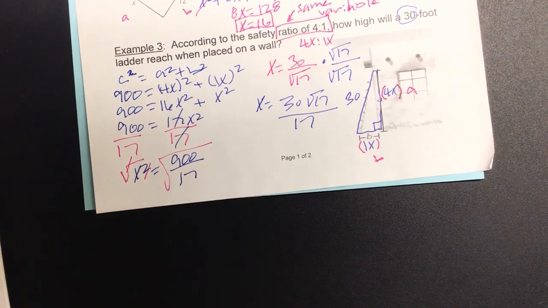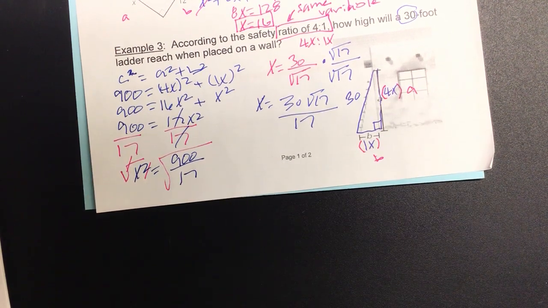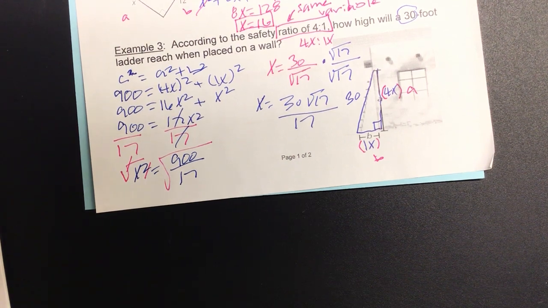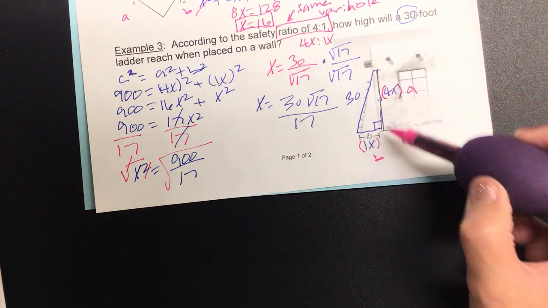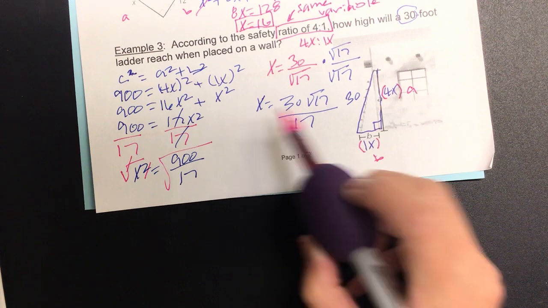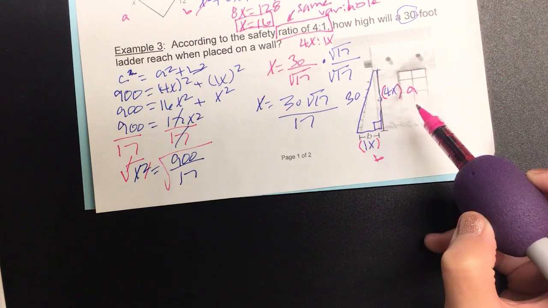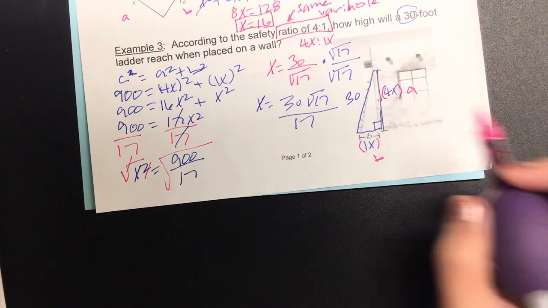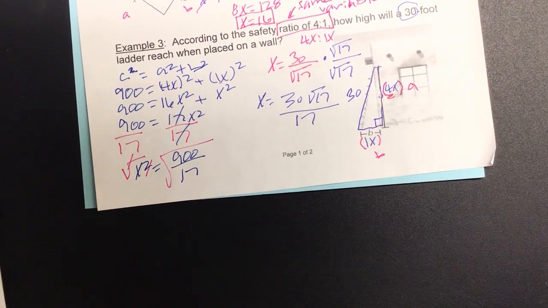Now looking at the whole numbers, can I further simplify 30 over 17? Nope. Have I answered the question though? How high will the 30-foot ladder reach? So that's going to be the vertical piece. If x is 30 radical 17 over 17, all I need to do is multiply by what number right here? 4.